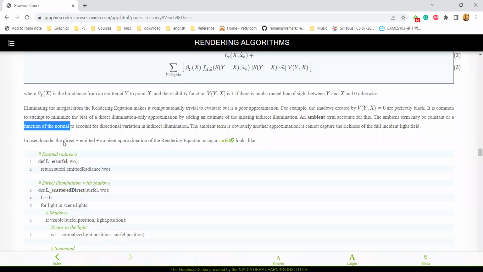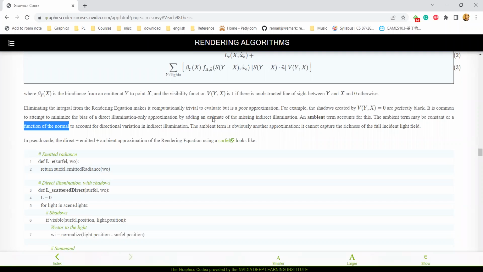I've only ever seen it purely added, to account for directional variation in direct illumination. That sounds like something explored in the early days with the OpenGL fixed function pipeline. But why have we never heard of it?